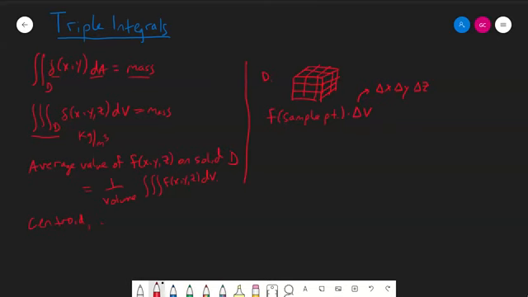And so what you would want to do is something like add up all of those. And since you're adding these up in three dimensions, you end up with a triple Riemann sum of all this stuff. But then really what you want is the limit of that as the number of pieces in every dimension goes to infinity. And that's what a triple integral is going to actually represent.